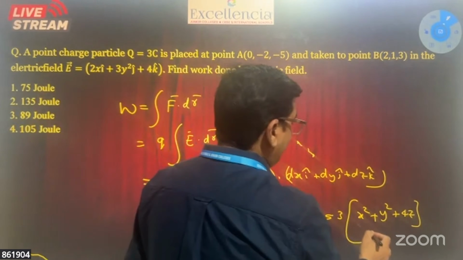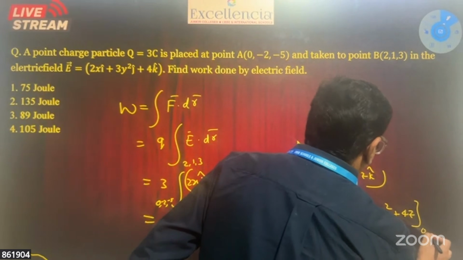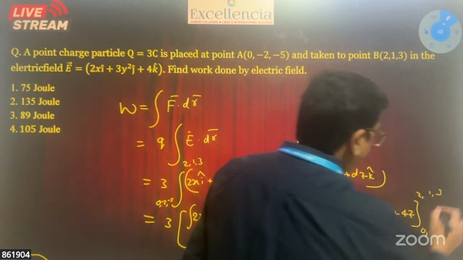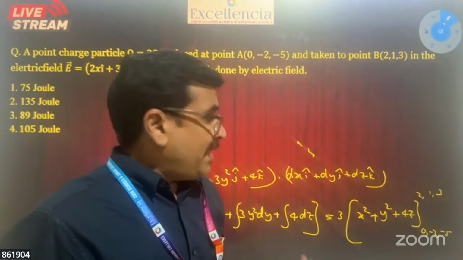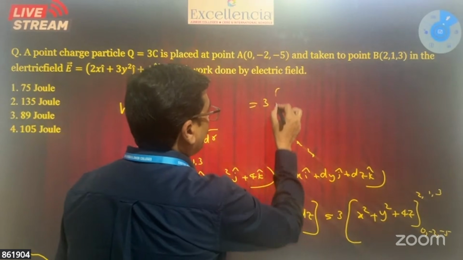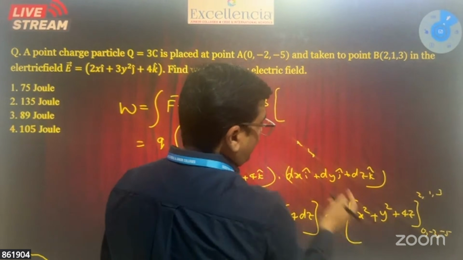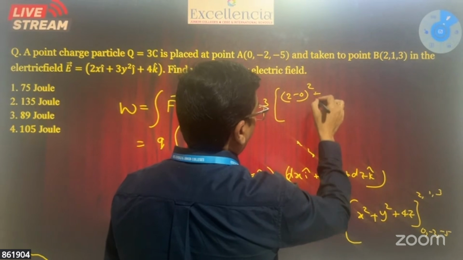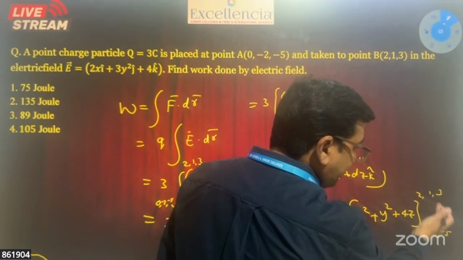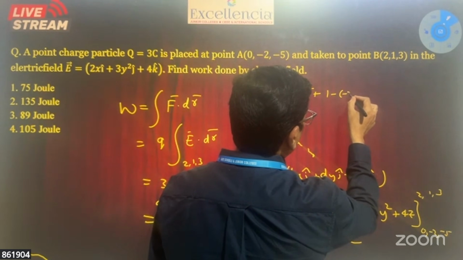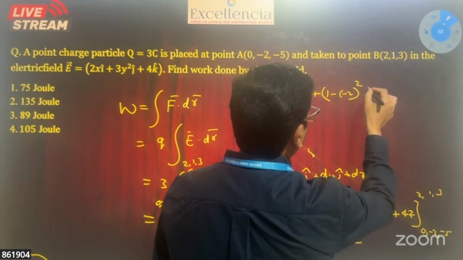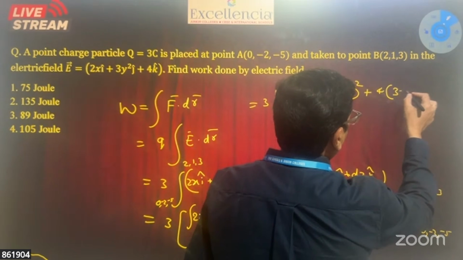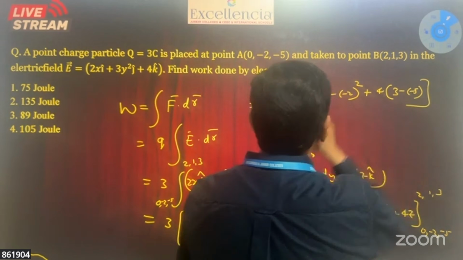So now if I substitute the limits, that is (0, -2, -5), and the upper limit is (2, 1, 3), by taking upper limit minus lower limit in each one. So that is thrice of 2 minus 0 whole square, plus y: again, we will take upper limit minus lower limit, 1 minus of minus 2, whole cube, plus in z, I'm taking upper limit minus lower limit, that is 3 minus of minus 5.